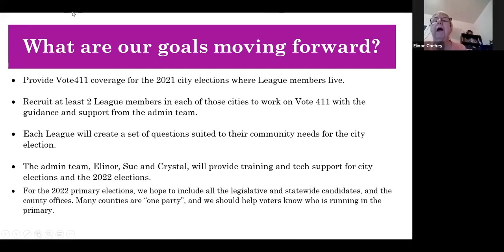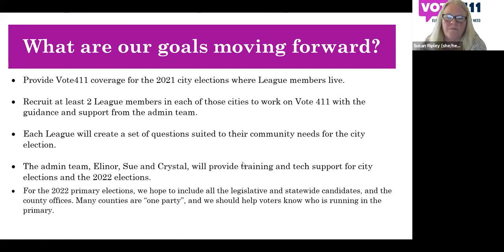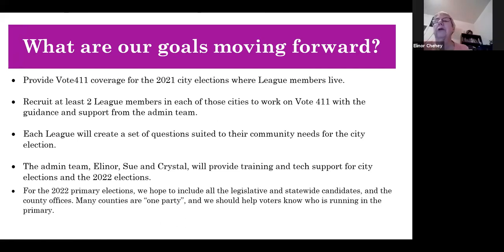There, okay. In the fall of 2021, we hope to get local leagues to do Vote 411 for the city elections where they live, and maybe some of the cities that are nearby also, depending on what your membership is.